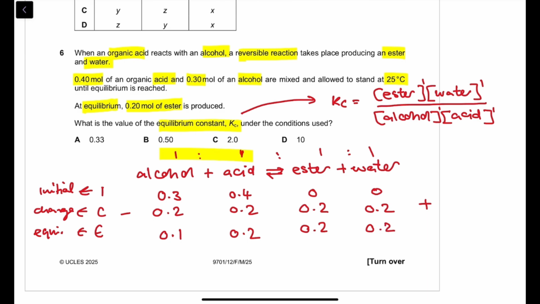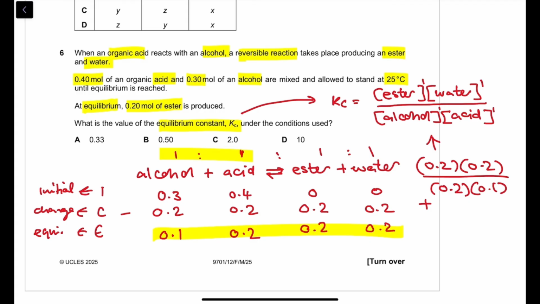So the values we are left with for the moles at equilibrium are as follows, and if we substitute that in, we get 0.2 times 0.2 over 0.2 times 0.1. Now, these are the number of moles and not the concentrations, but because there is an equal number of brackets at the top and at the bottom, and the powers are equal as well, the volumes cancel out.